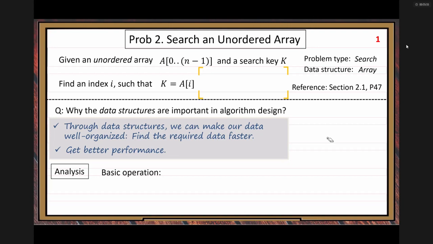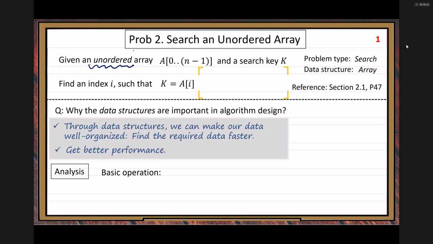Basic operation in this question: search. Here, remember another important property of our data, it's an unordered array. So that's an important property here. Okay? So don't forget this property.